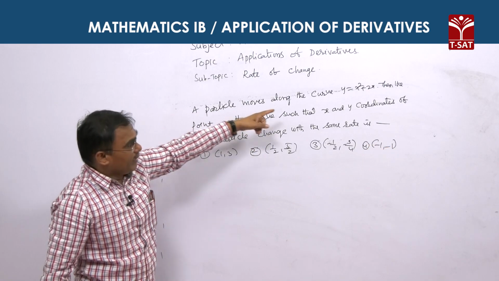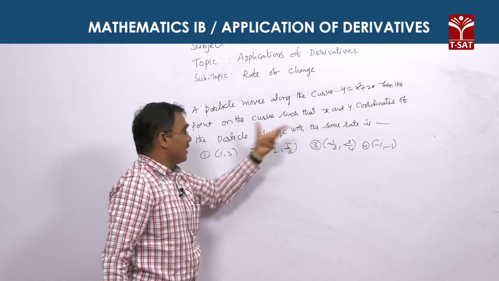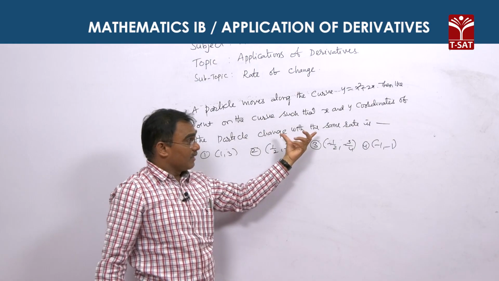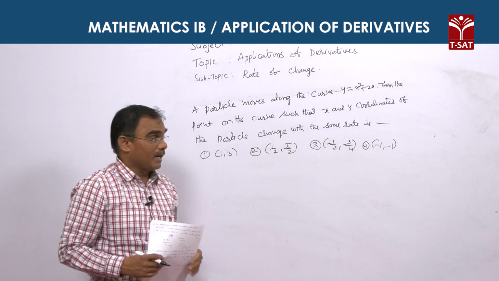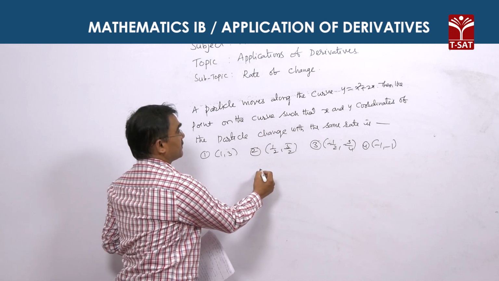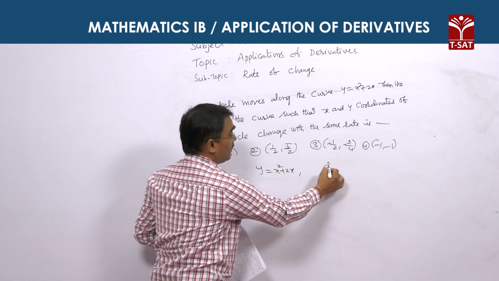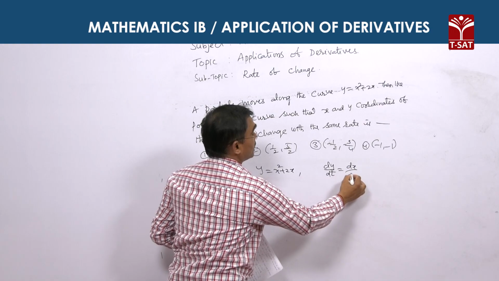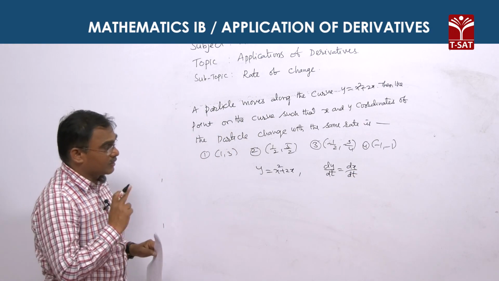The particle is moving along the curve such that the x and y coordinates change at the same rate of change. Then at which point do x and y have the same rate of change? What is given is the curve equation y is equal to x square plus 2x. The rate of change of the y coordinate and the rate of change of the x coordinate are equal.